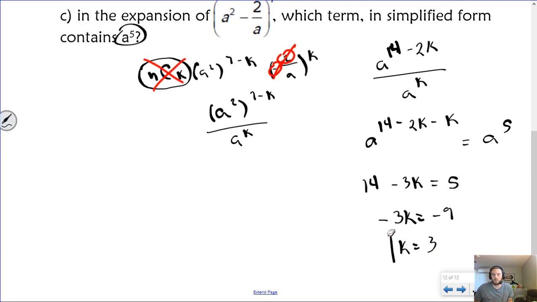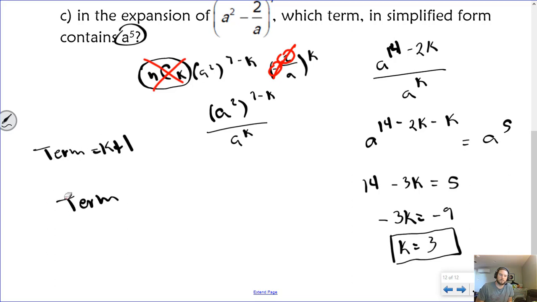Right? So we now know that when k is 3, that's when we're going to be left with an a to the 5. So then it's just a matter of saying, okay, well, if k is 3, and we know our term number is equal to k plus 1, so 3 plus 1 is term 4. That will contain the a to the 5 variable.